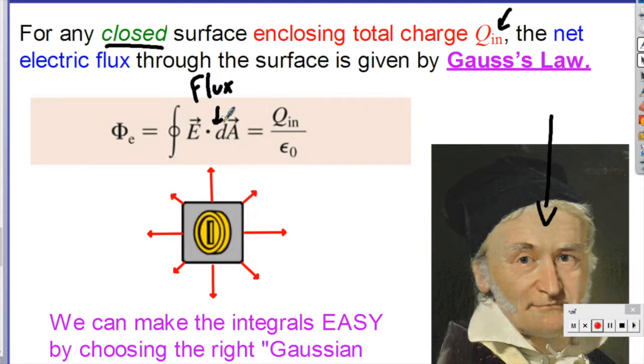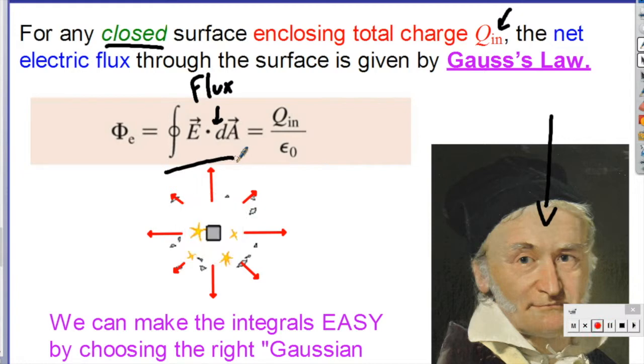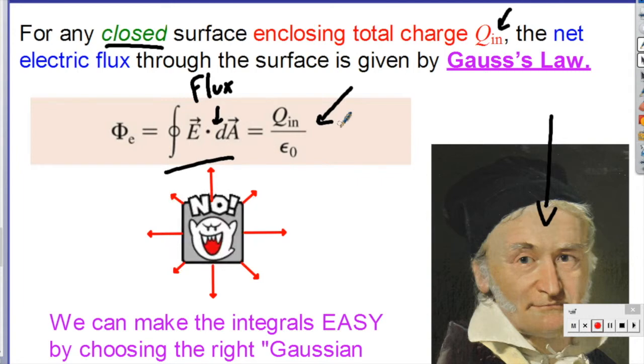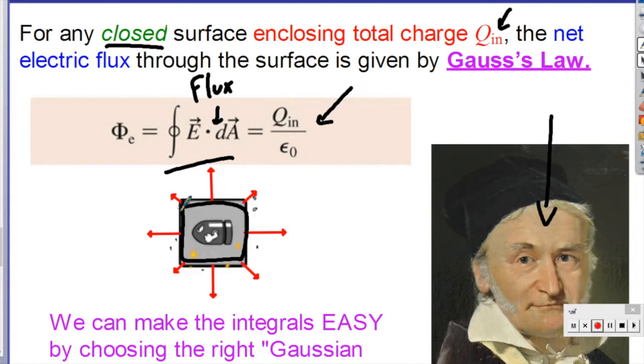The total flux, no matter how complicated, is always equal to the amount of charge enclosed divided by epsilon naught. And what this basically says is exactly what we've been saying. I can tell what kind of charge is in a box by looking at the flux of electric field coming out of it. And conversely, if I know what kind of charge is in the box, I can make a lot of really important inferences about the electric flux coming out of some surface.